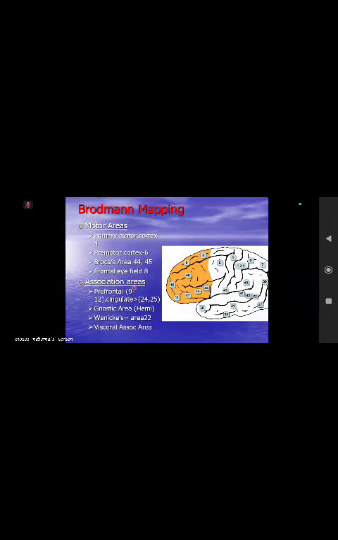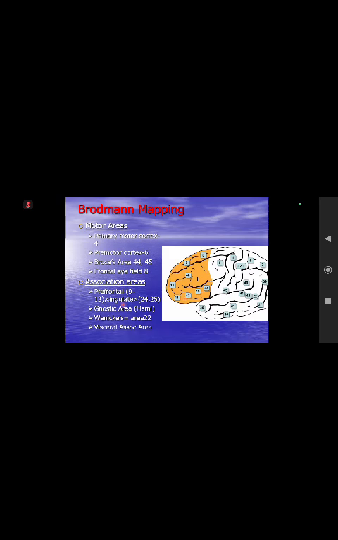Then we have association areas. Now, association areas, we have prefrontal cortex, we're going to look at that. Area 9 to 12, these are very important areas. This is an area where you have mainly decision making. All these prefrontal areas from number 9, 10 to 12, are very important.